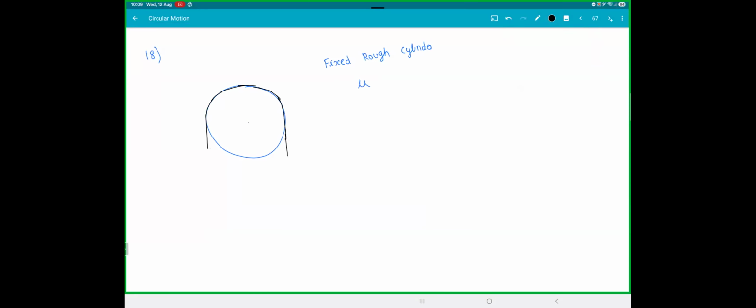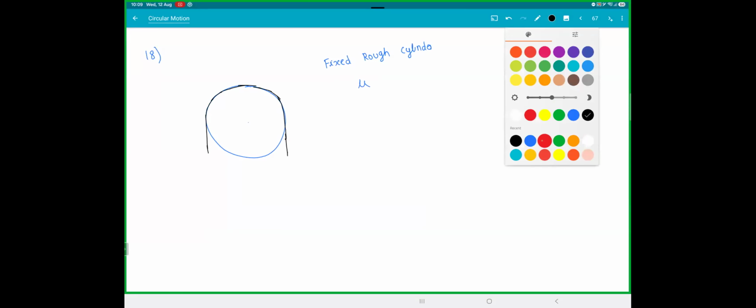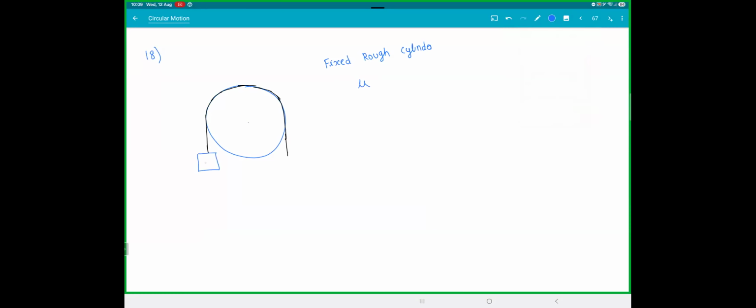So we have a rope here. We have a block of mass M. And you're applying force F. Massless rope, but it is rough. And the cylinder is rough.